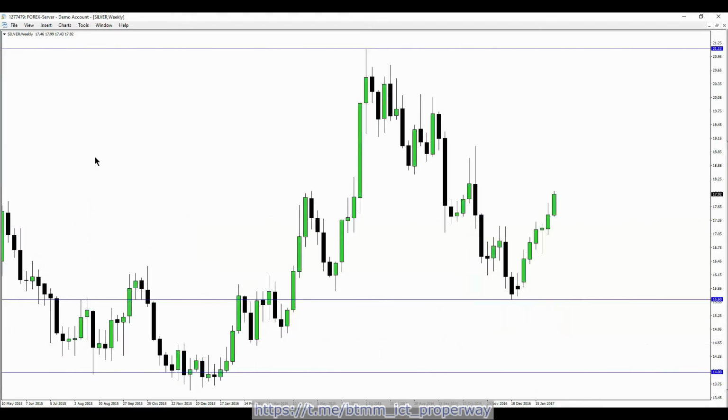Okay, here we are with the silver chart on a weekly basis. And here's that move away from that 1400 area. And here's our 1560 level, anticipating a move to that level for the monthly bullish order block. But now look what we have. We have another level in here for the weekly.